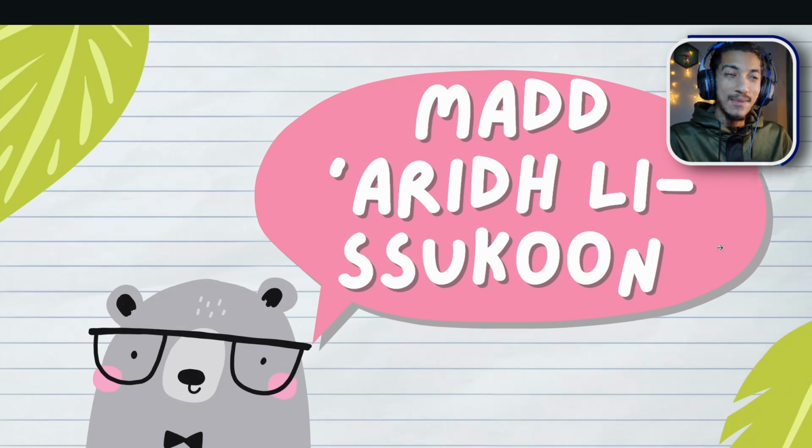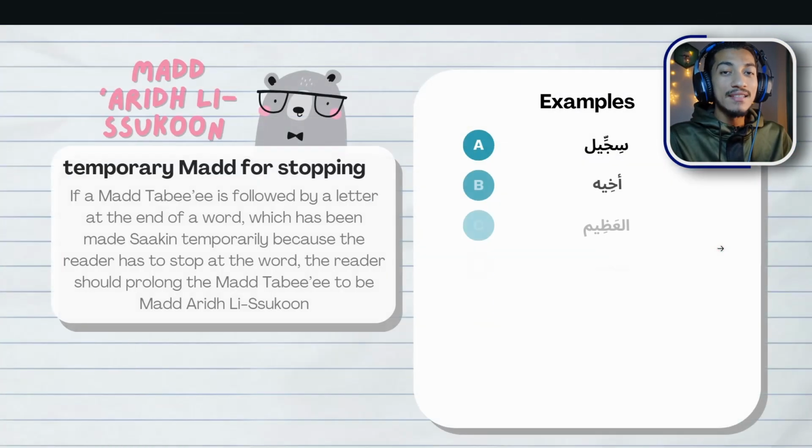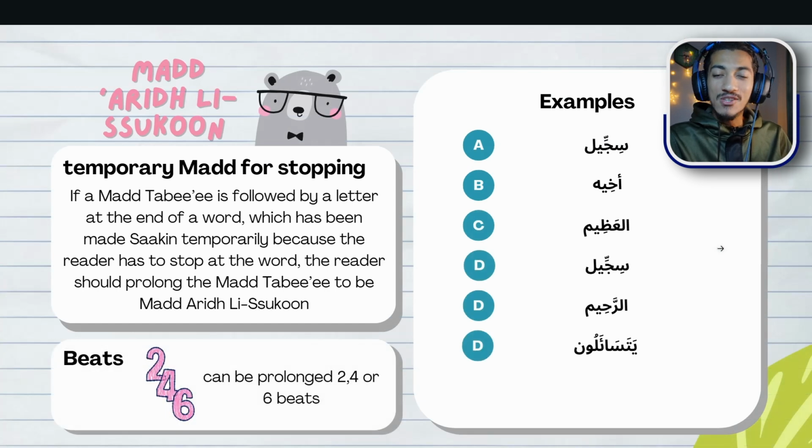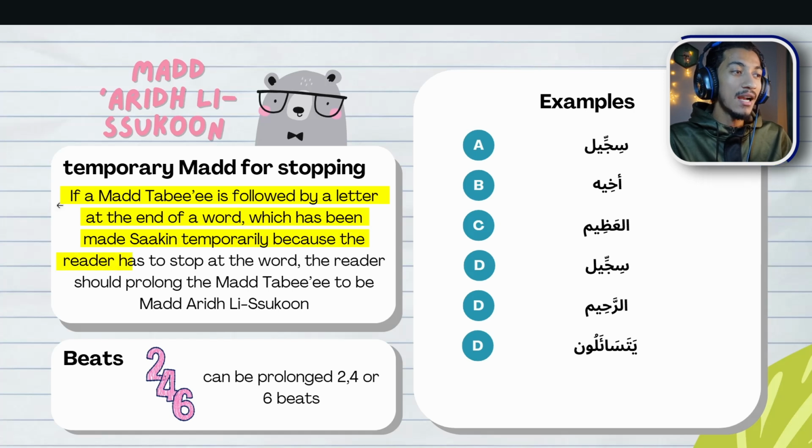And the last Maad type is Maad Aarid للسكون. Aarid in Arabic means temporary, and Sukoon means stopping, if you stop on it. If a natural Maad is followed by a letter at the end of the word which has been made Sakin temporarily because the reader has to stop at the word, the reader should prolong the natural Maad to be Maad Aarid للسكون.